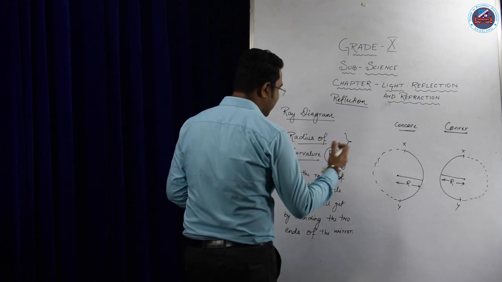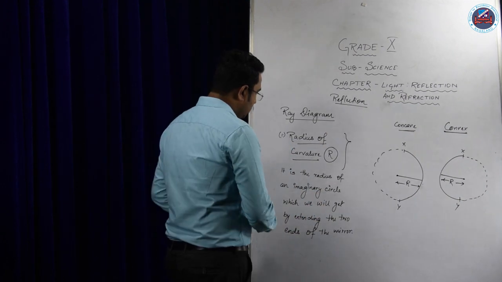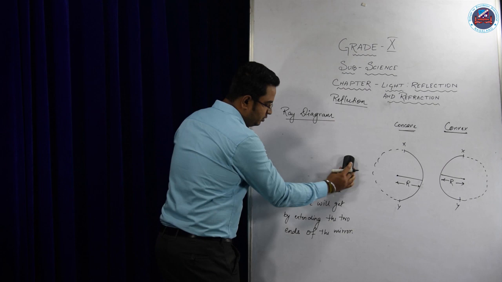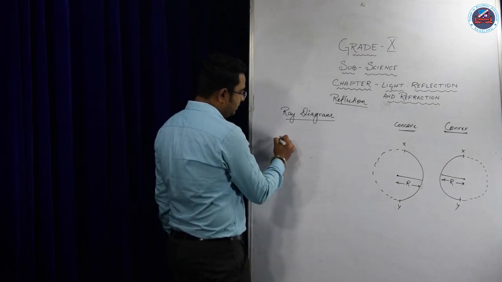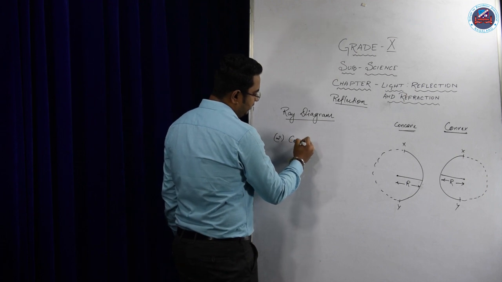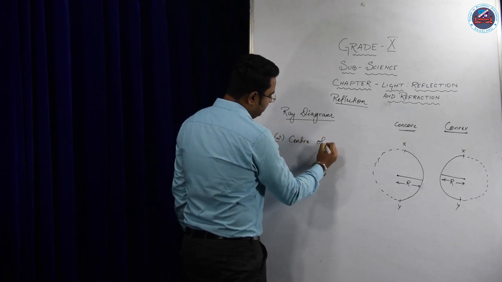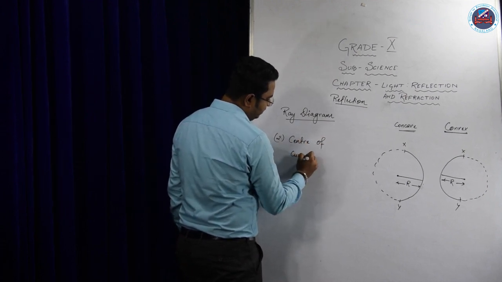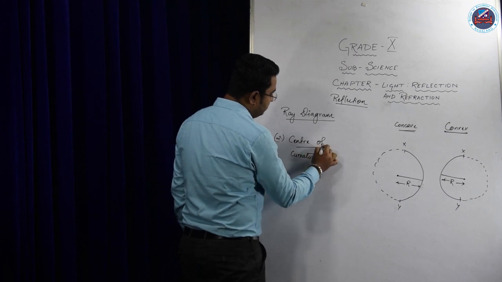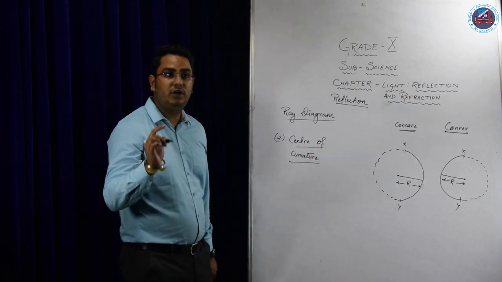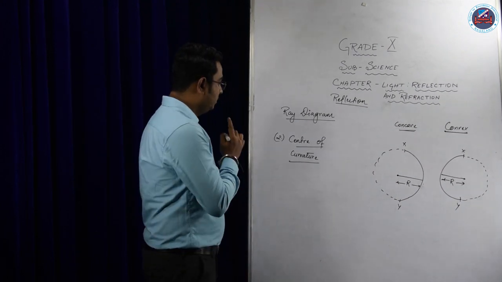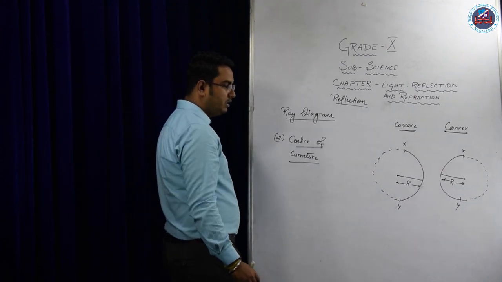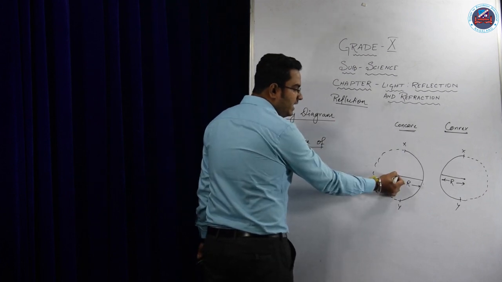Now there is another term called center of curvature. See, these terms matter a lot, so you have to focus and try to understand them. What is center of curvature? Till here we got the radius.